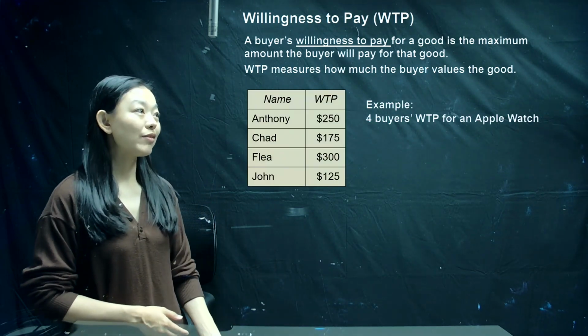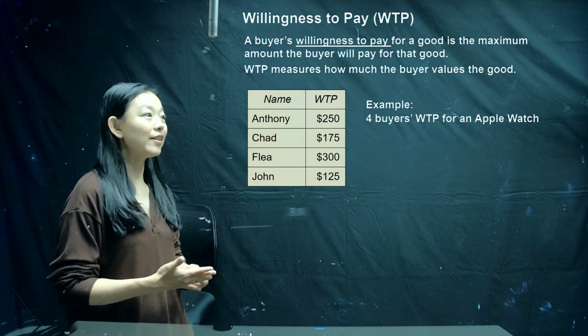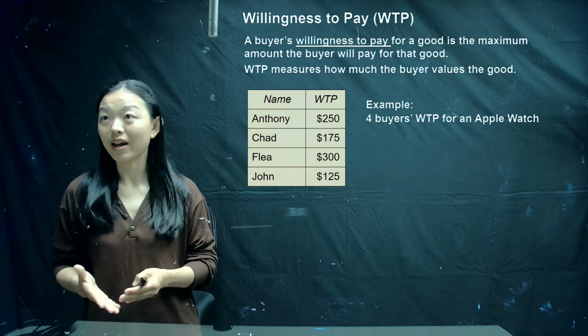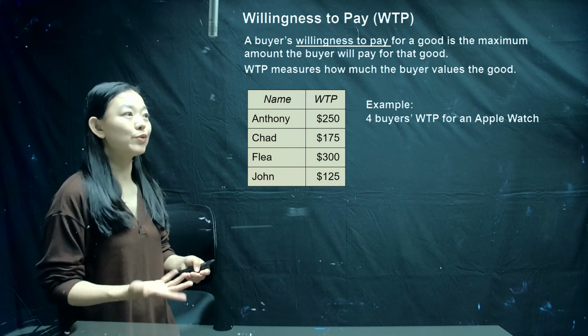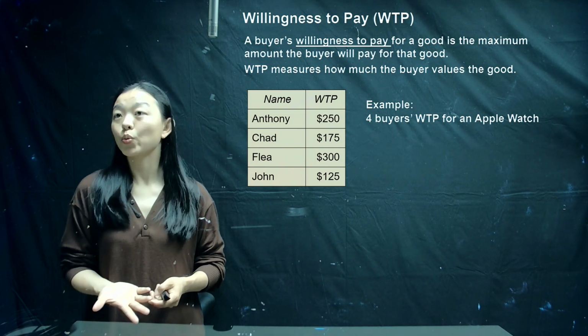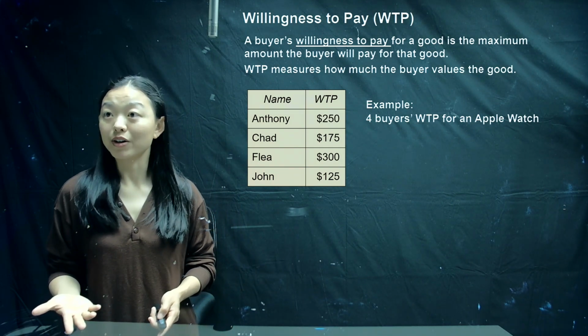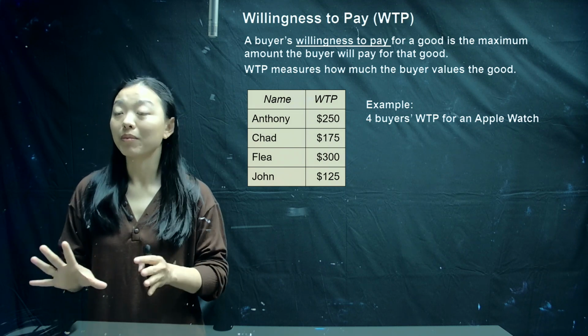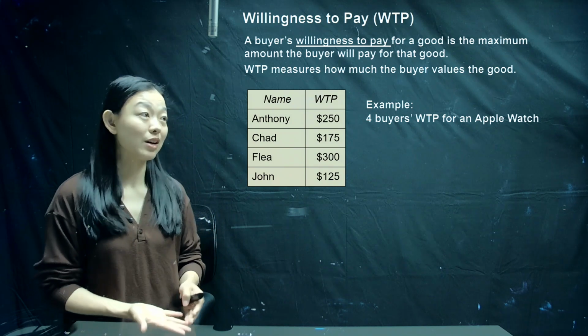Okay, I will give you an example here. You can see there are four persons, right? And it shows the willingness to pay of those four persons for an Apple Watch. For Anthony, his willingness to pay for an Apple Watch is $250, which means the maximum amount Anthony would like to pay for an Apple Watch is $250.